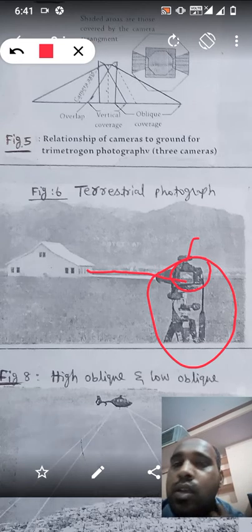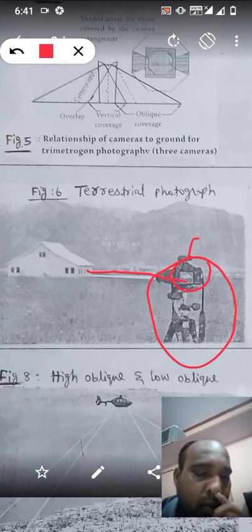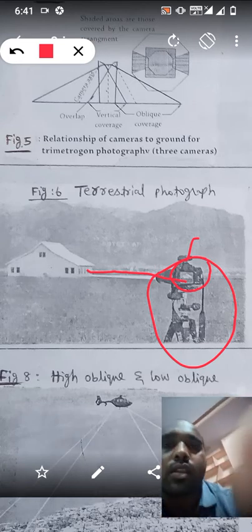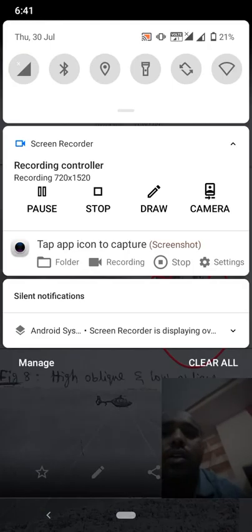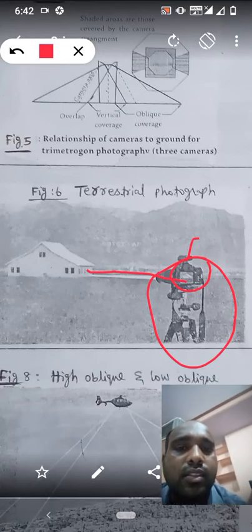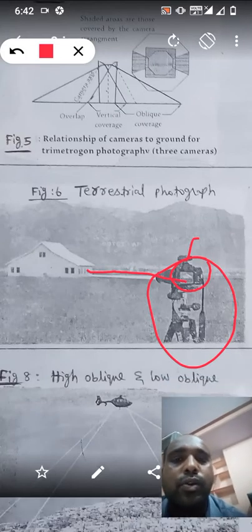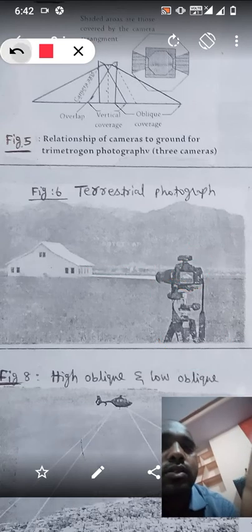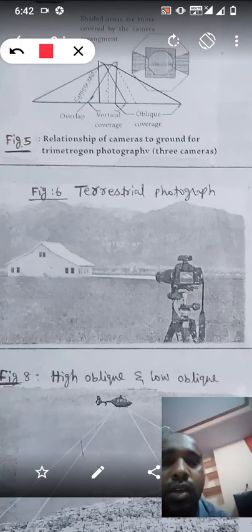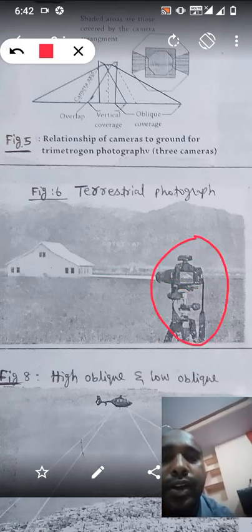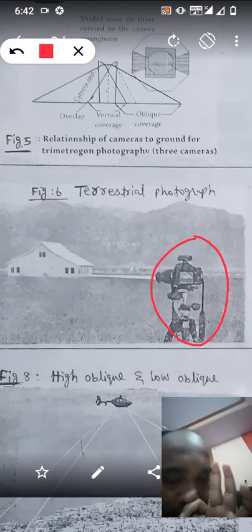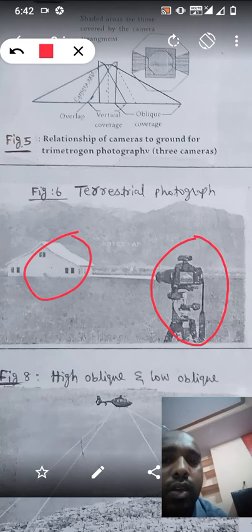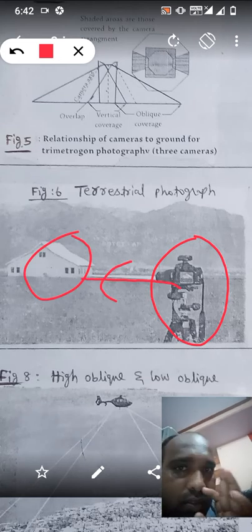So the rays passing from the photo theodolite to the object are nearly or exactly horizontal. Rays should be in the horizontal direction.